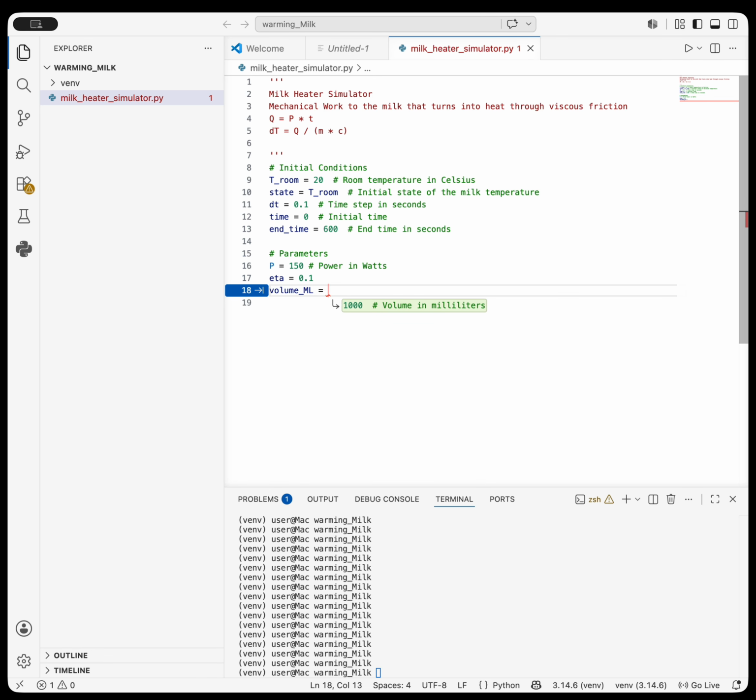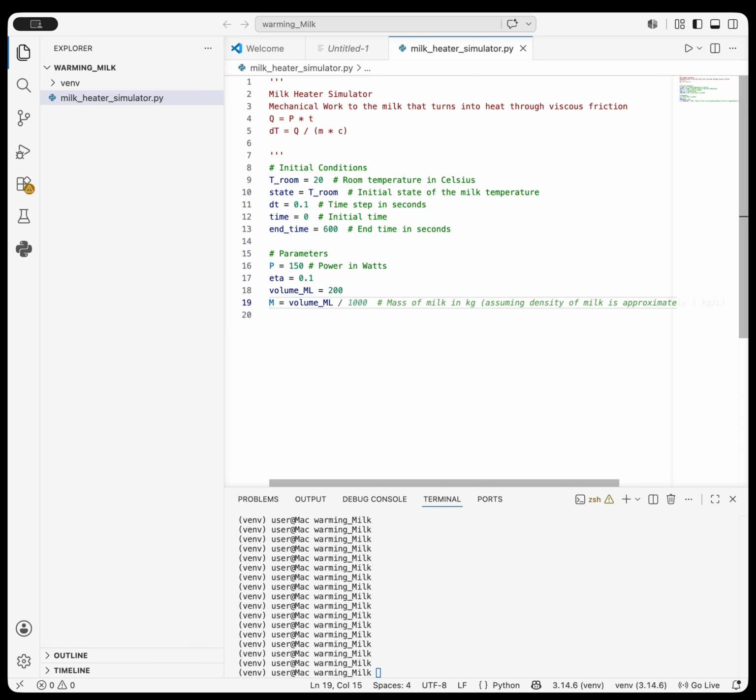Then the mass of the milk is going to be the volume times the density of the milk divided by 1000, so we can get the mass in kilograms. And finally, we can say that the specific heat is going to be 3930.